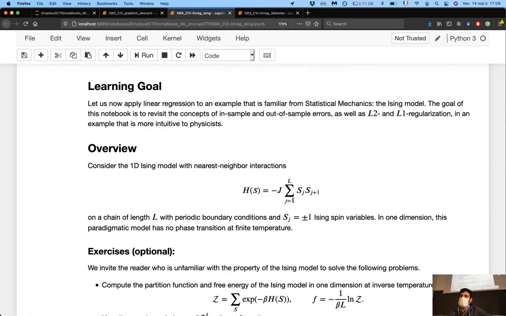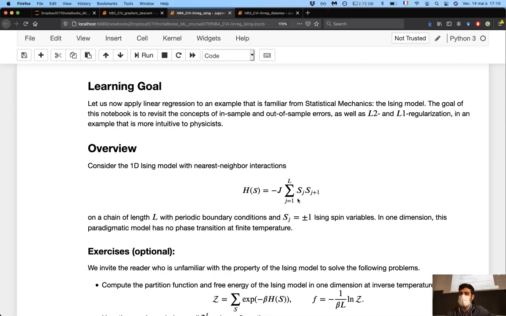Which is that you would obtain the same energy if you divided J by 2 and summed each time over the interactions with your next neighbor and the previous one. You are just summing 2 times half a contribution, while here we are summing 1 time each contribution.